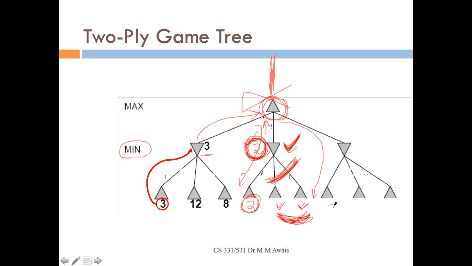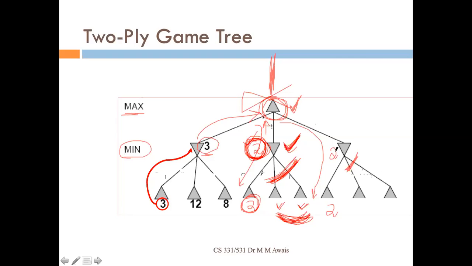So suppose here also 2 comes. Let's suppose here also 2 comes. If 2 comes here, it means here possibly it will be 2, and these 2 evaluations will not affect this particular node anymore, because here max has to come and the maximum value is 3.